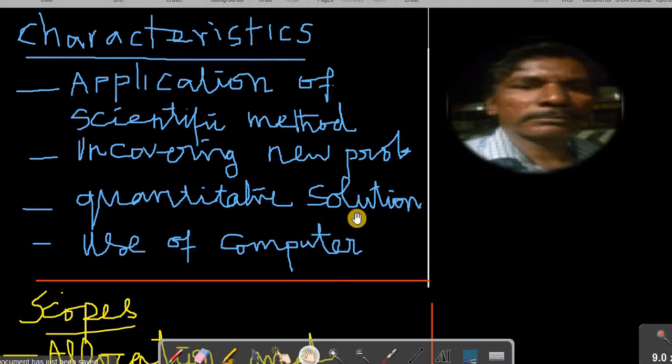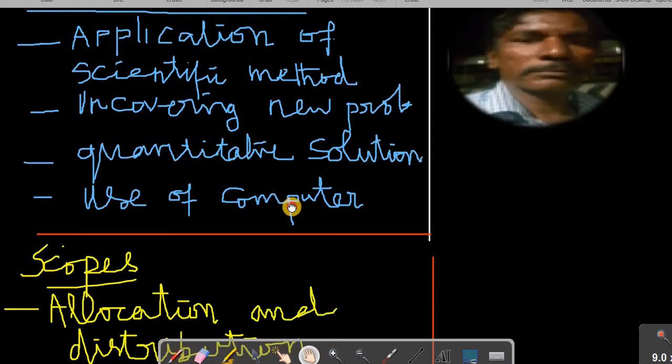So quantitative analysis is better than qualitative analysis. The last, though not least, is the use of computers. Operation research relies heavily on computers, and that is another important characteristic of OR. If you refer to the book, you can get a lot of ideas about this.